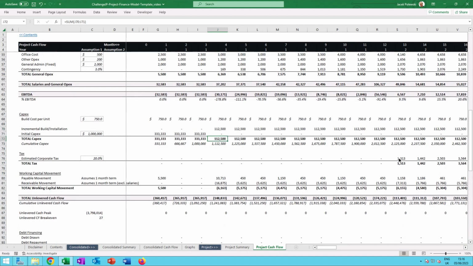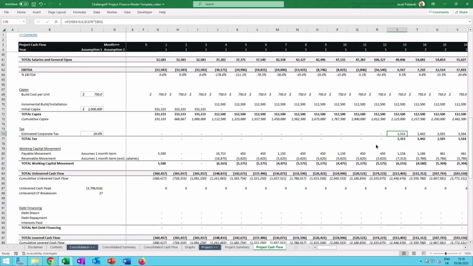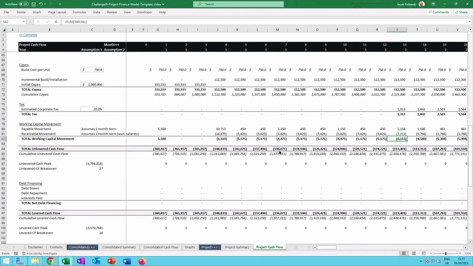Then I'm also using some calculations for the tax. So it's important that once you start generating profit, you do want to assume that you will pay some taxes. And then I've also included some working capital movement, which is just the difference between your payable and receivable movements, which then allows me to calculate my unlevered cash flow.